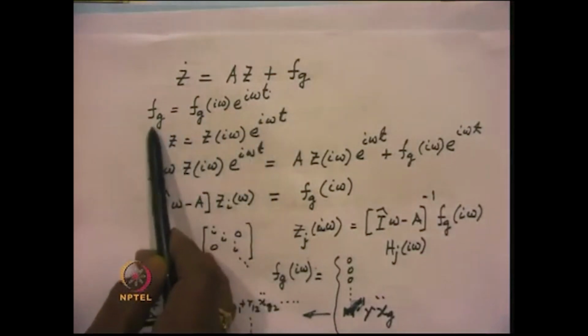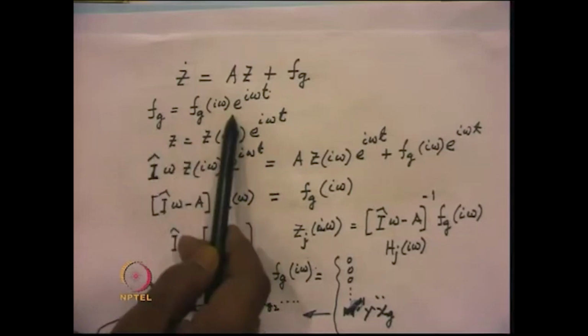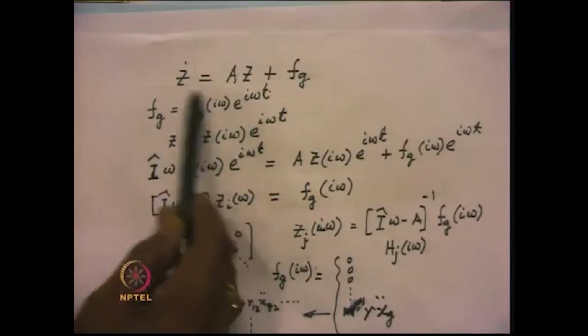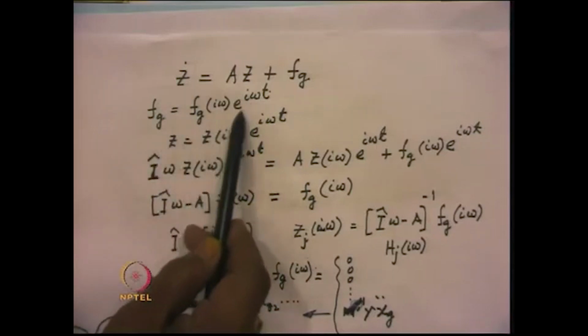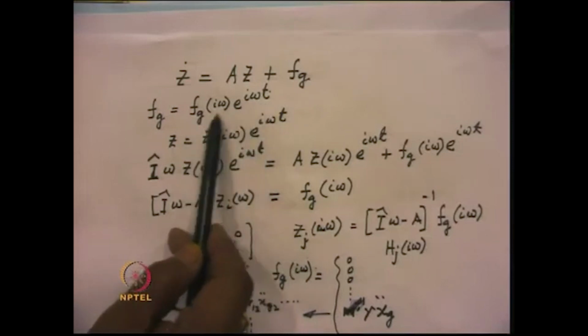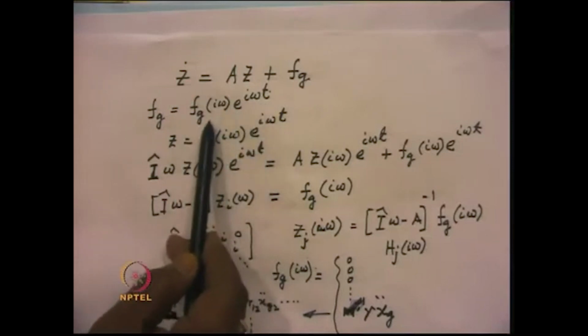Then Fg(t) can be Fourier synthesized and written in this form, Fg(i omega) into e to the power i omega t. Fg(i omega) can be easily obtained using the FFT algorithm that we discussed before.